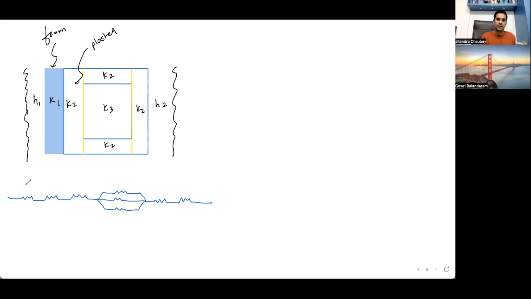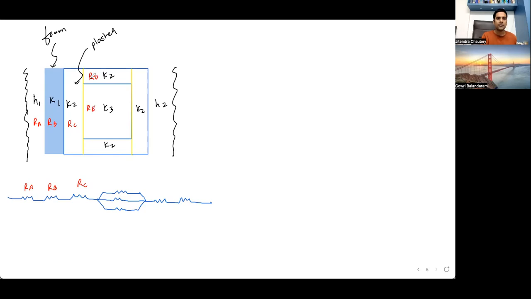This will have resistance H1 as resistance RA. Here the resistance would be RA. I will use a different color. This is RA. This will be RB. So over here it will be RB, RC, RC. These are three in parallel, so you can name them as RD, RE, RE.